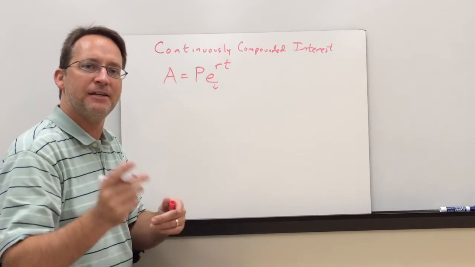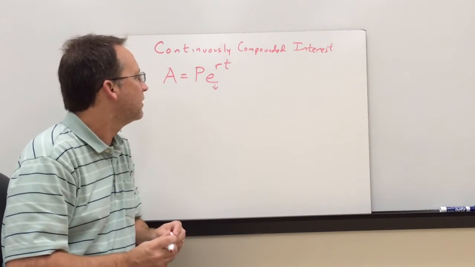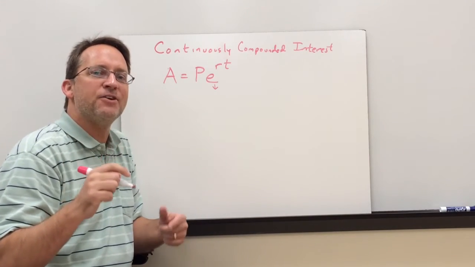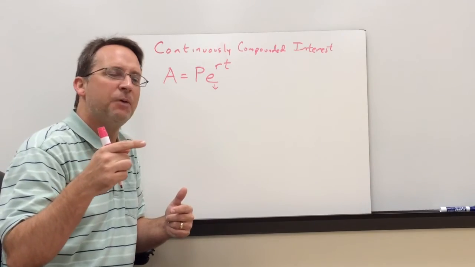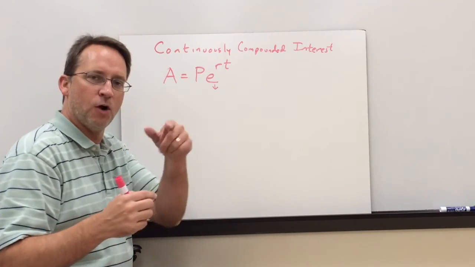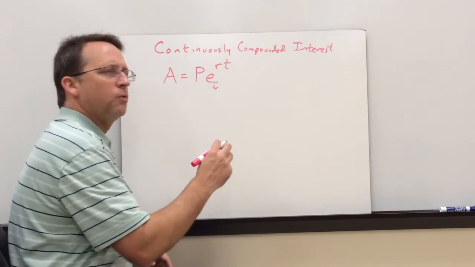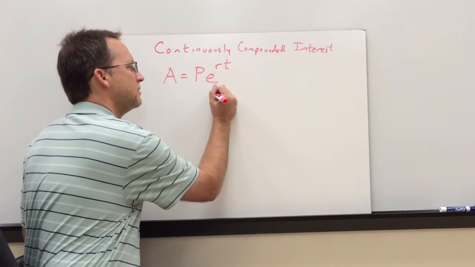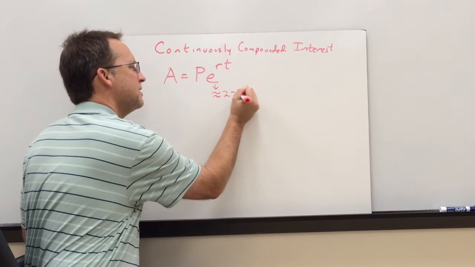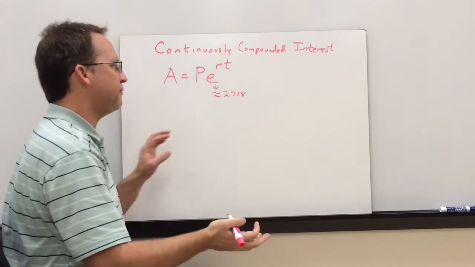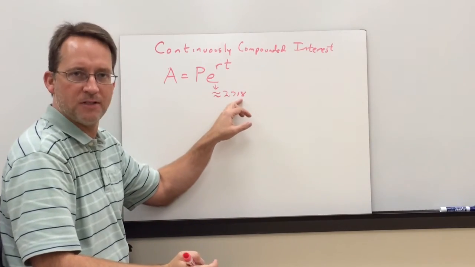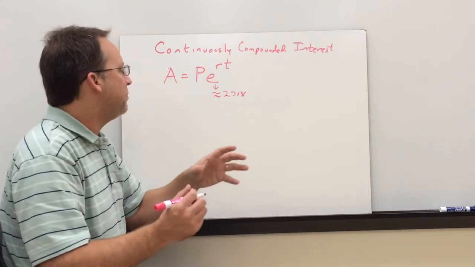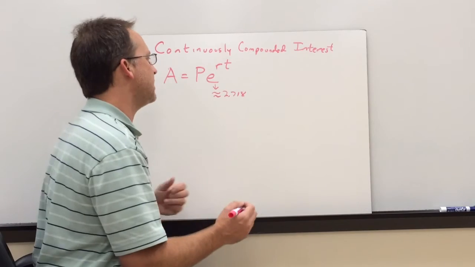You'll find the E in your calculator up above the LN button, where it's a lowercase e. We'll talk about where that E comes from a little bit, but it's approximately equal to 2.718. I'm just kind of telling you that for reference. Don't type in 2.718 because that's rounded. Use your E button. But that E button is there for continuously compounded interest.